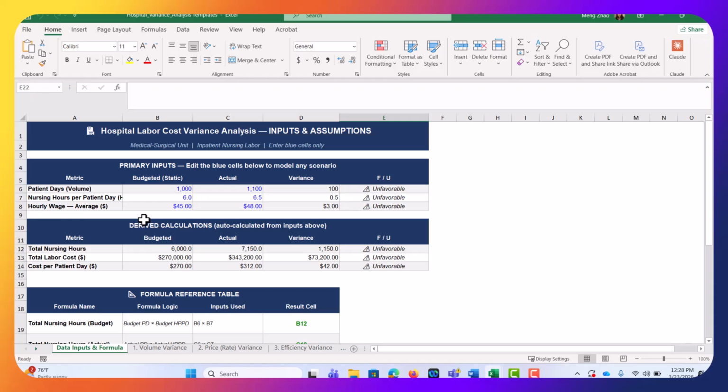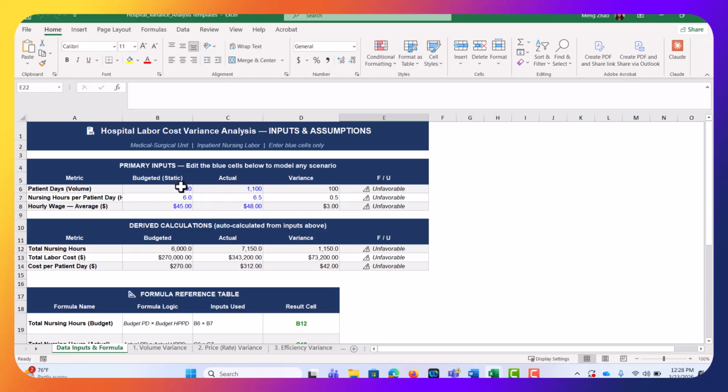In this way, we can reduce calculation errors. We can separate volume, price, and efficiency effects. We can also allow quick scenario testing. And in this template, like I've mentioned, you can only change the numbers in blue. Do not change anything else because everything else is automated.